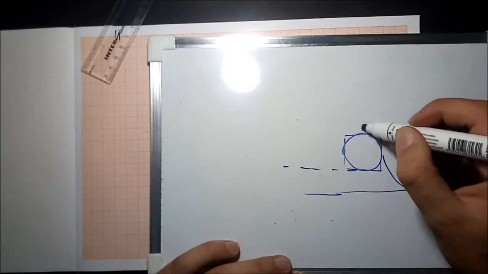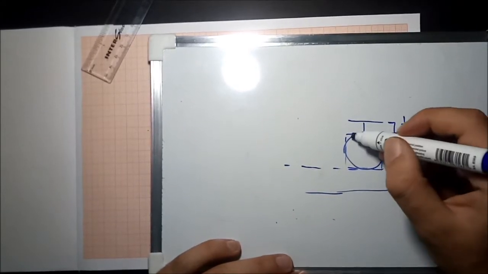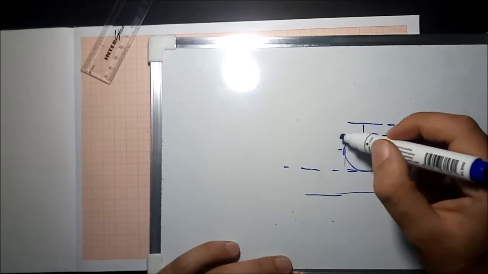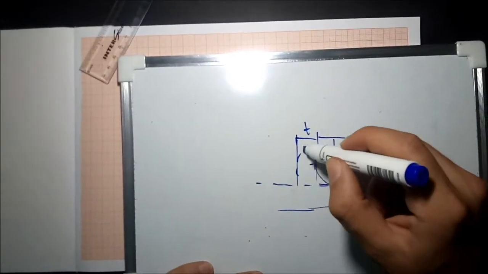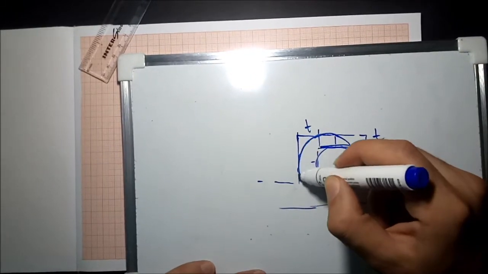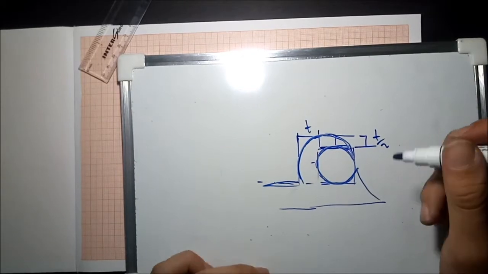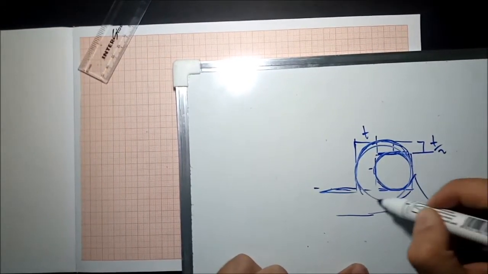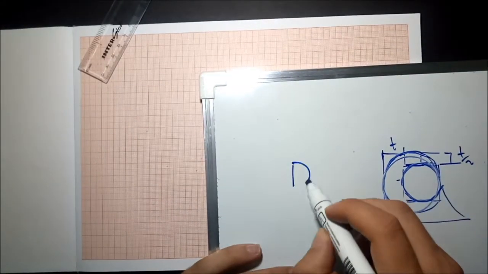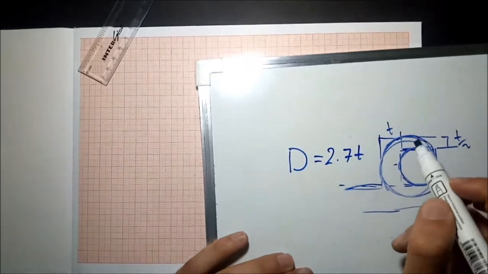Now there's another one that goes t/2 upwards from this square, and to the left it will go the full thickness t. We will have another circle right over here that will give us this shape. Now the other circle, the bigger one, has a diameter of 2.7 t.